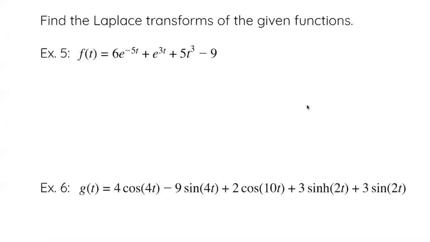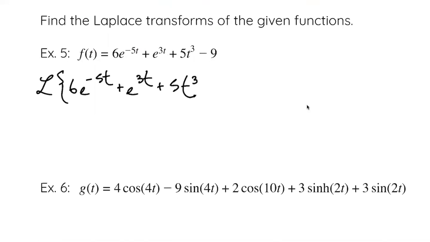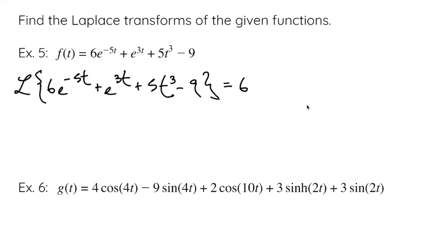So if I were trying to find the Laplace transform of f of t, which is 6e to the negative 5t plus e to the 3t plus 5t cubed minus 9, what linearity tells me is that I can say 6 times the Laplace transform of e to the negative, see, this is where it starts to be tricky. That's a 5, right?